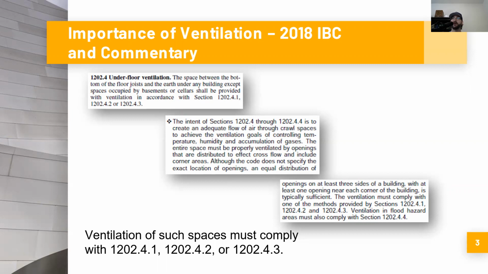Cross flow is very important when it comes to properly venting a space. As we'll see going forward, if you don't cross ventilate the space, you have the higher potential to create dead zones under the floor where air will remain stagnant and not ventilate properly. So cross flow is very important.